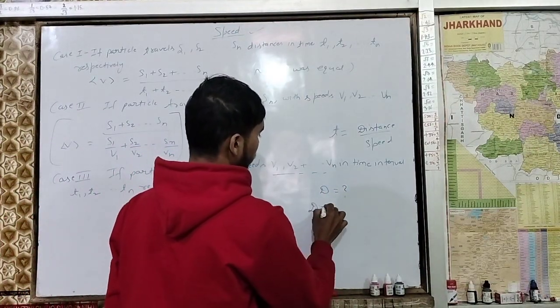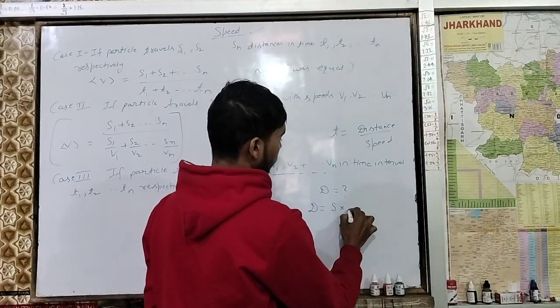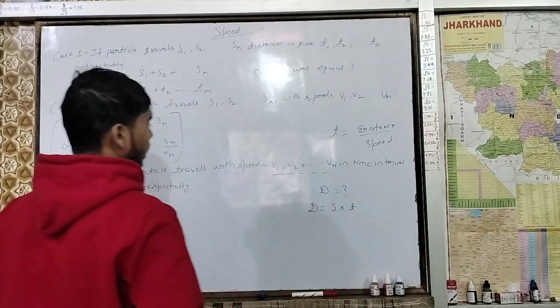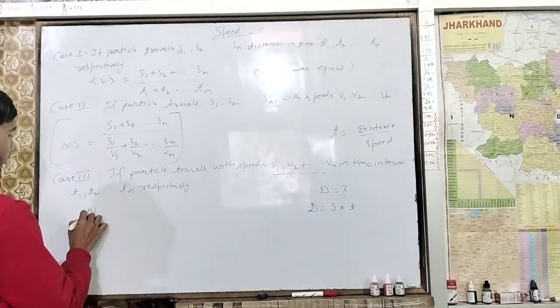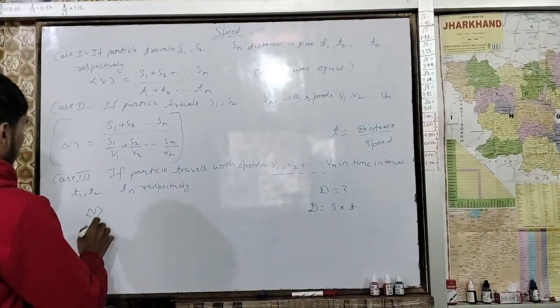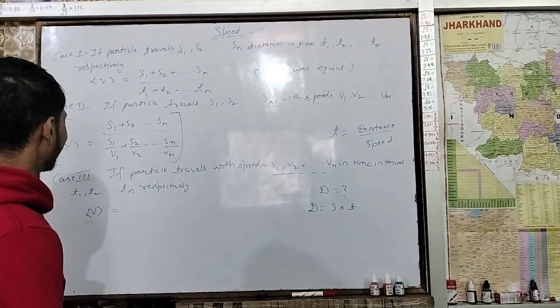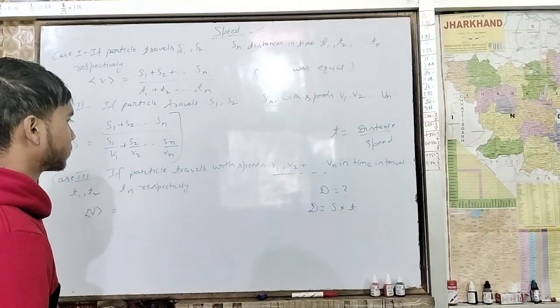To calculate the distance, we know what will happen: speed multiplied by time. So average velocity will become distance upon time.